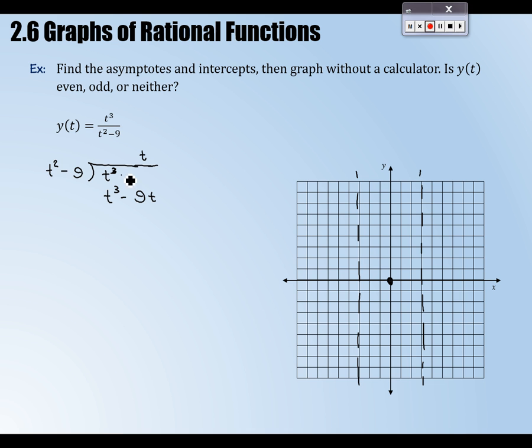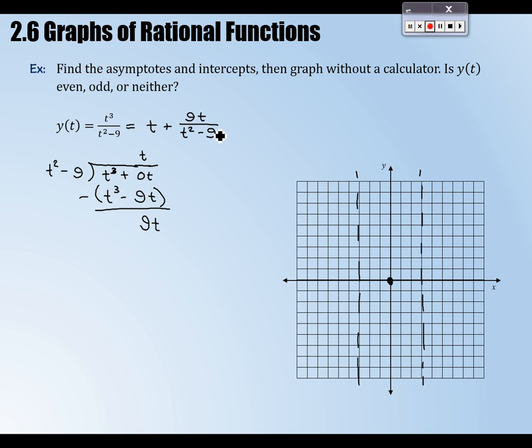I'll put a 0t up there just for fun. So this can be rewritten as t plus 9t over t squared minus 9. Now why does that help us?